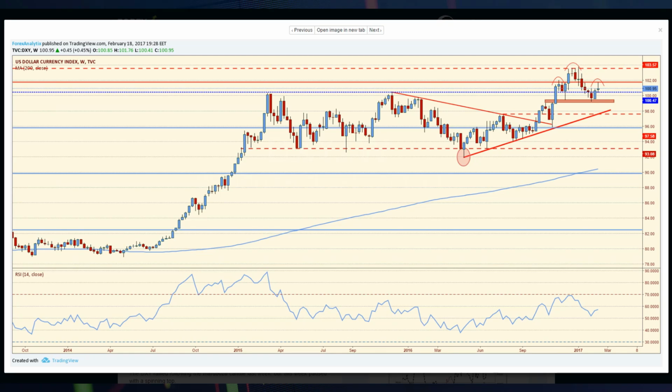We're basically carving out the right shoulder. But this week, midweek on Wednesday, we get the FOMC meeting minutes, which maybe is the indication that's going to push the dollar towards the 102 resistance, or maybe down at the 100 level, which would be the support down here, the highlighted area, where you can see how we're bouncing between 102 and 100.